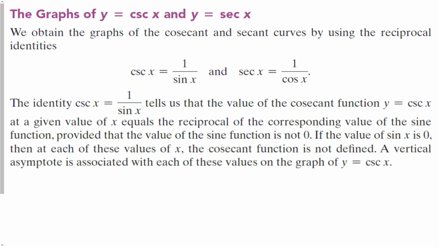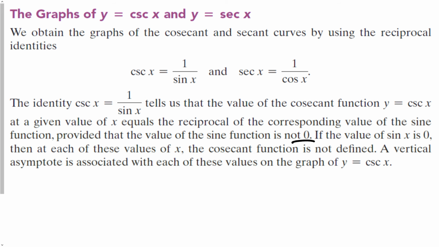Well, if we just use the values that x equals across the sine function, it's just going to result in a point that we can plot, except where the sine is equal to 0. When the sine is equal to 0, the cosecant function is not defined. Therefore, it has a vertical asymptote at those points.